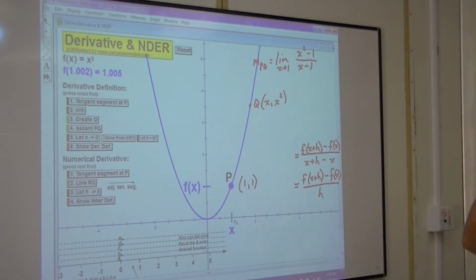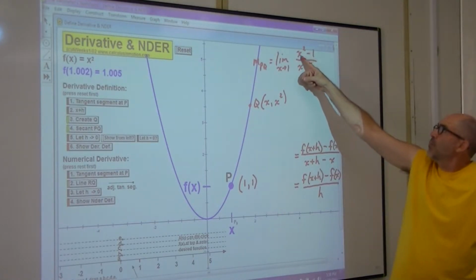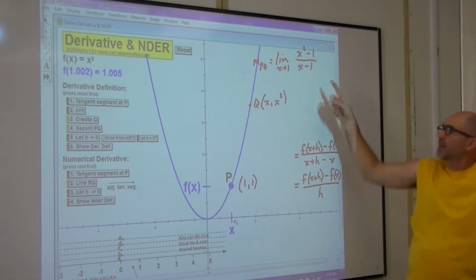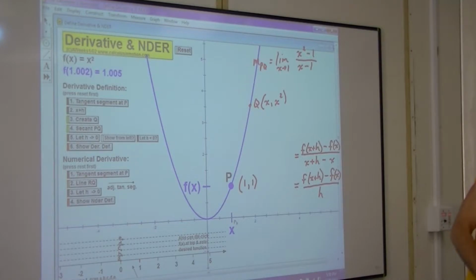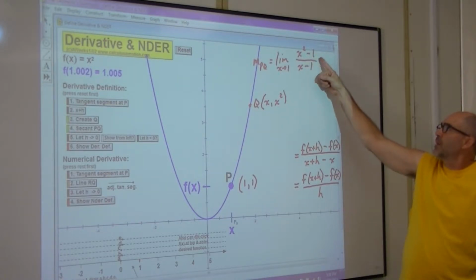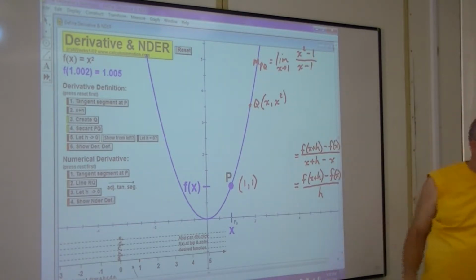So if you notice, plug in 1.5 for x, and you get 1.5 squared minus 1 over 1.5 minus 1, and you end up with 2.5. Now you plug in 1.1 for x. 1.1 squared minus 1 over 1.1 minus 1. That's going to end up being 2.1. Now we go even closer.